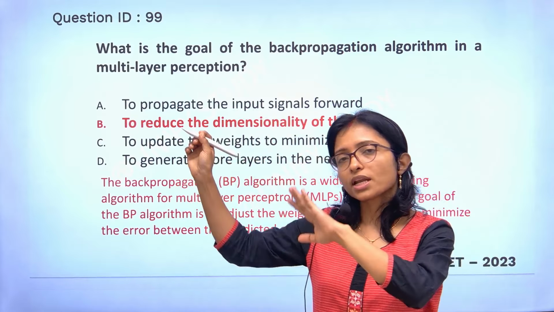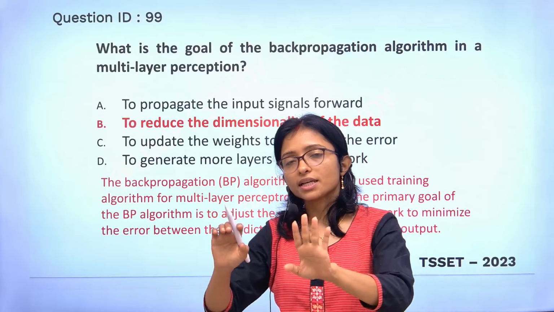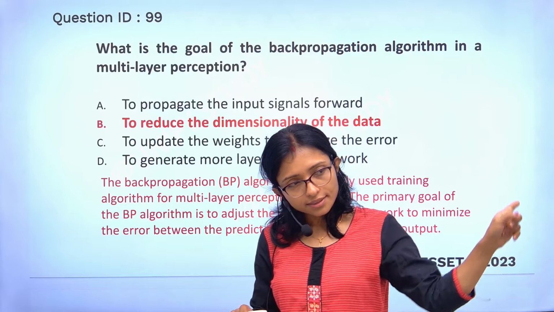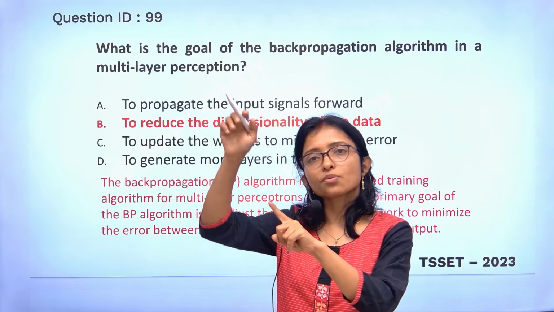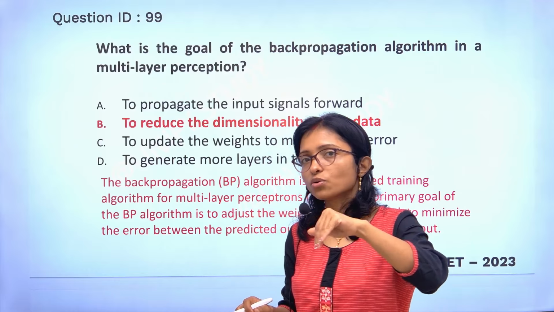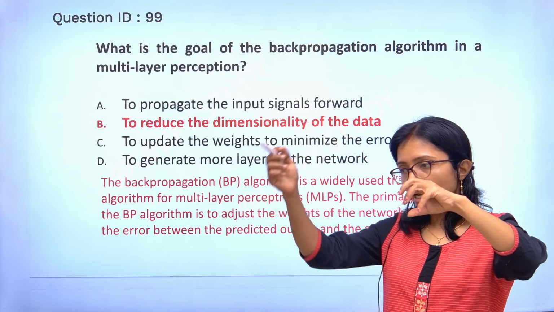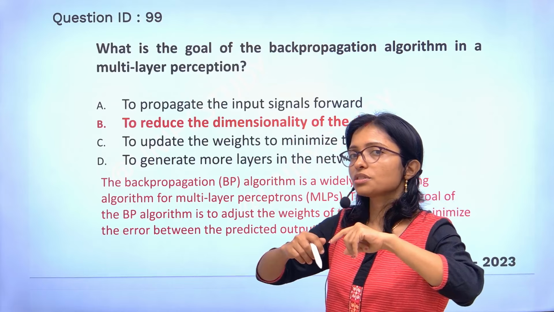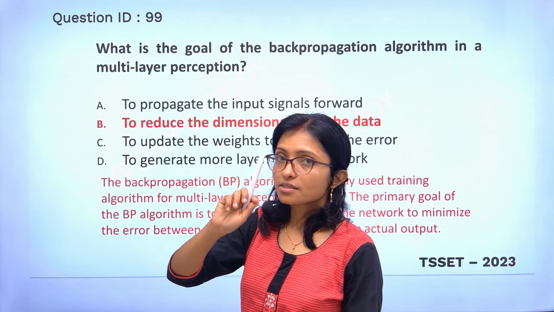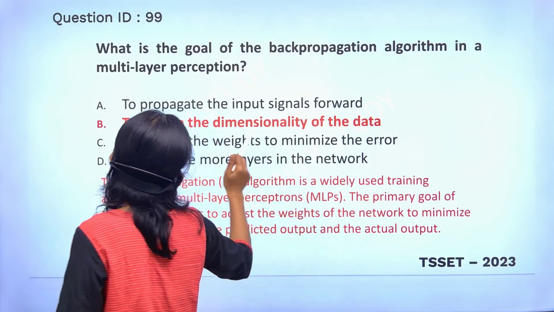Because the first time when I do the forward pass, it was a prediction. After that, when I understand it is actual, I go back and update the prediction. In AO star we learned that, right? I predicted this one, but after visiting I understand no, this is actual, so update it. That's why this is called dimensionality reduction.